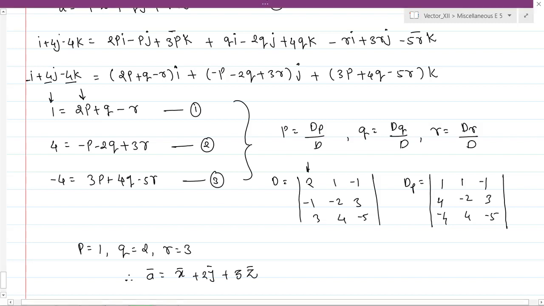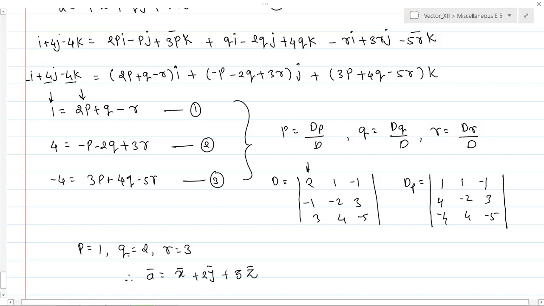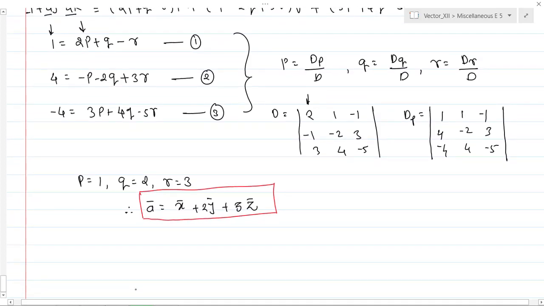This is the final answer. So this is how we have expressed one vector as the linear combination of the remaining three vectors. Take this assignment as homework, and you can try and post your solution here. The remaining 5 questions we will see in the next video.